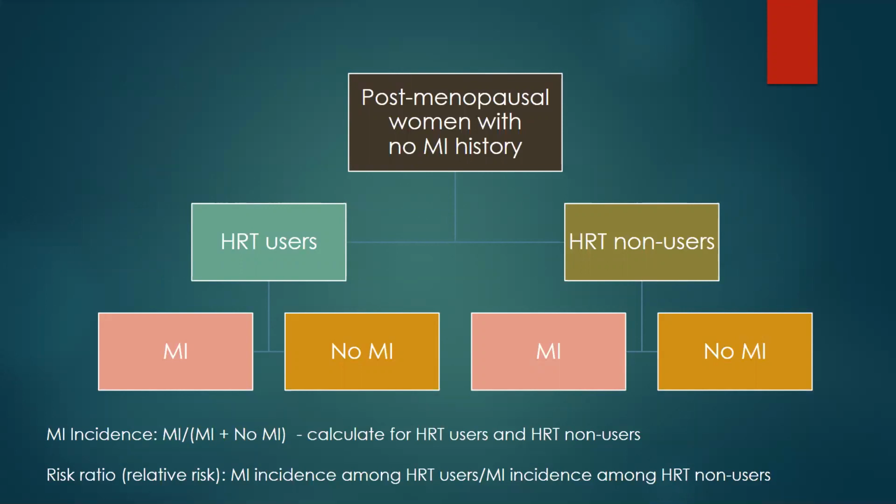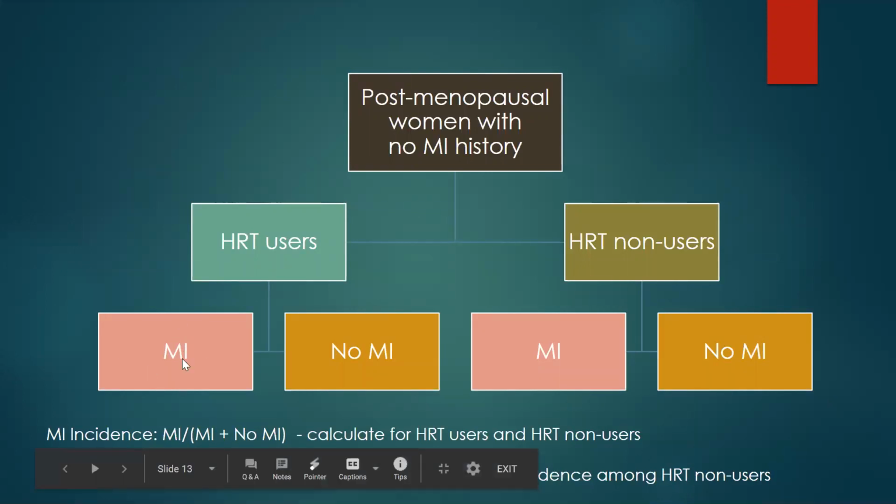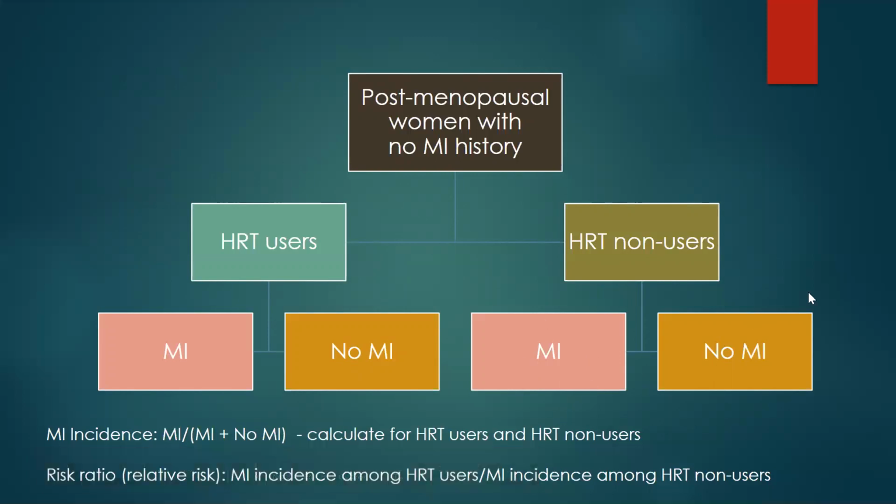And as I've noted at the bottom, the incidence of MI for hormone replacement therapy users is just this number of women who had an MI out of the total number of hormone replacement therapy users. And then we calculate the incidence rate for the unexposed group. So the number of MIs out of the total number of women who had not used hormone replacement therapy.